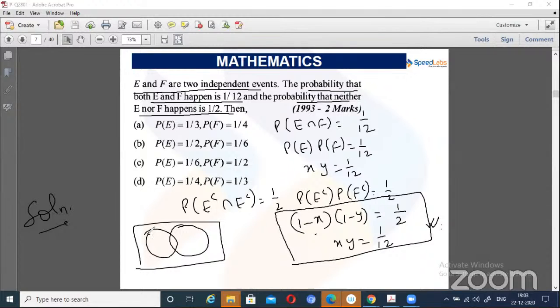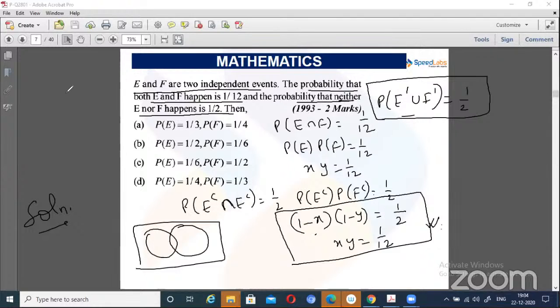How can it be E union F? Can you elaborate? E dash union F dash. Okay, the same information should be written. I have written an intersection. You're saying it should be P of E dash union F dash like this, should be equal to half. Is that the case you want to say? Yes.